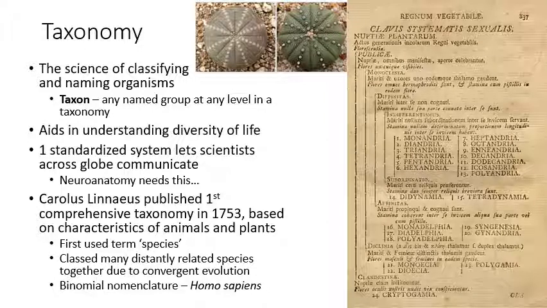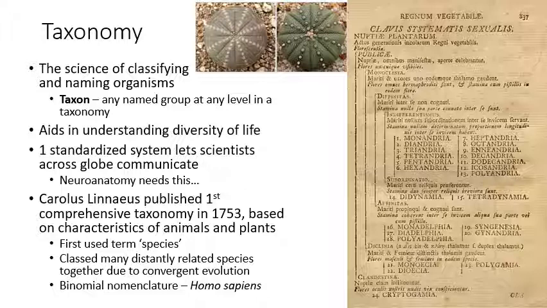So in addition to phylogenetics, which is the study of evolutionary relationships between organisms, we also have taxonomy, which is the science of naming and classifying organisms. That's really closely related to phylogenetics, but it's actually older than phylogenetics. We had a taxonomy a long time before we really understood what DNA is or how traits are passed down, or the fact that evolution happens, or how organisms are related to each other.